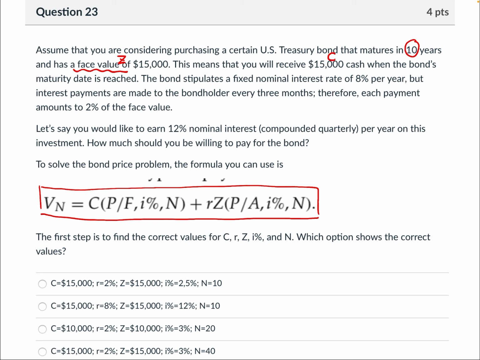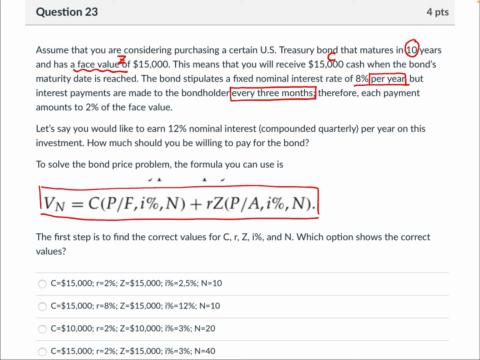So this is C. The bond stipulates a fixed nominal interest rate of 8% per year. Be careful, it's per year. But interest payments are made to the bondholder every 3 months, which means it's compounded every 3 months.